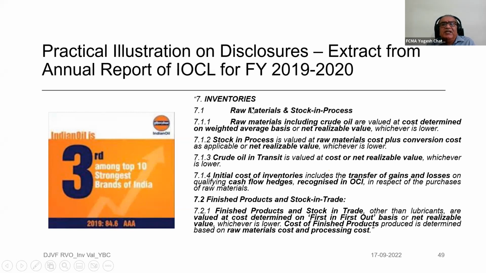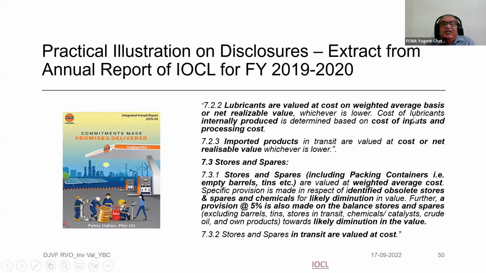Then moving on, lubricants are valued at cost on a weightage average basis or net realizable value, whichever is lower. Imported products in transit are valued at cost or net realizable value, whichever is lower. And stores and spares are valued at weightage average cost.